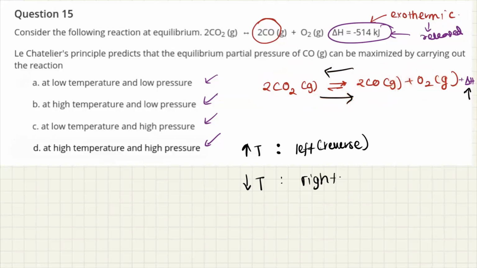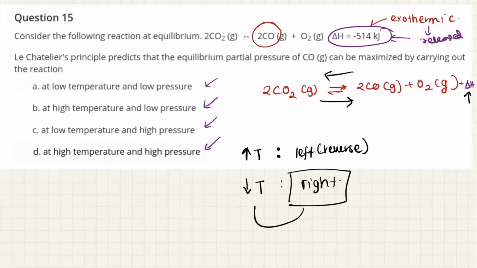And we know that in this particular question, we want to increase our carbon monoxide. That means our reaction is supposed to go to the right. That means the temperature has to decrease. Okay, low temperature. So whatever has high temperature, we can cut it off. High temperature, cut it off. High temperature, cut it off.